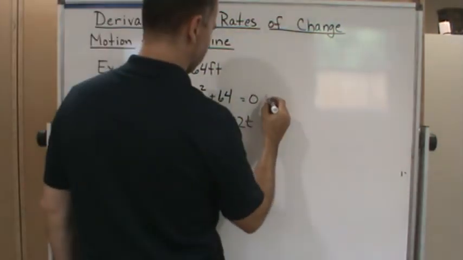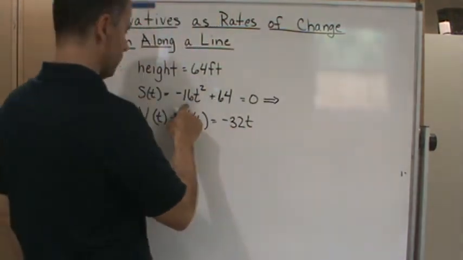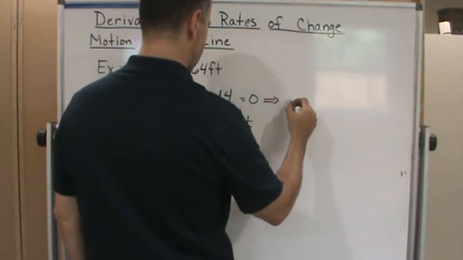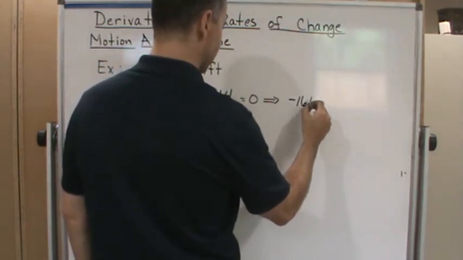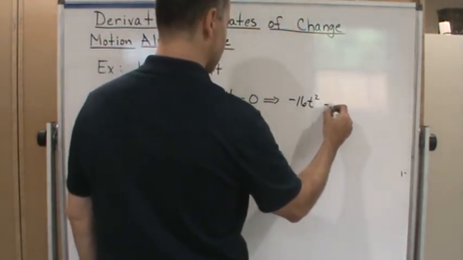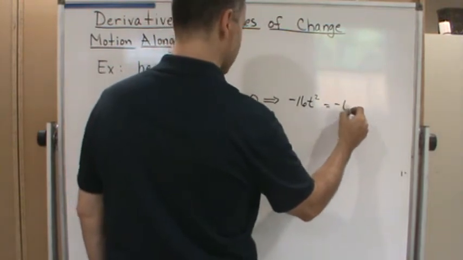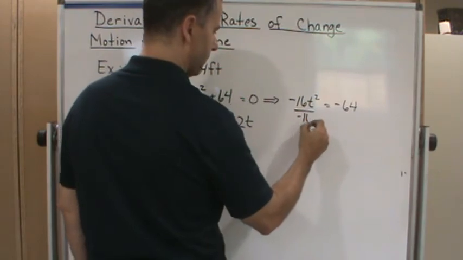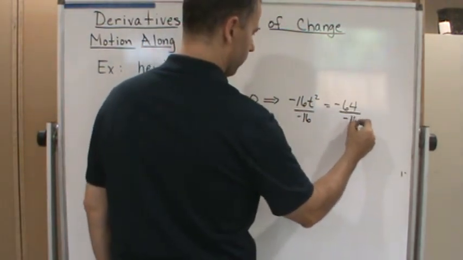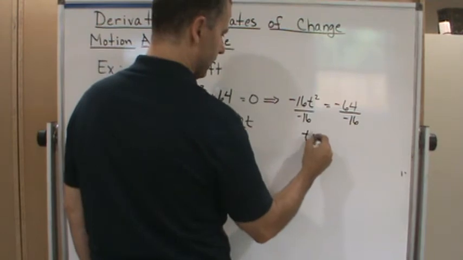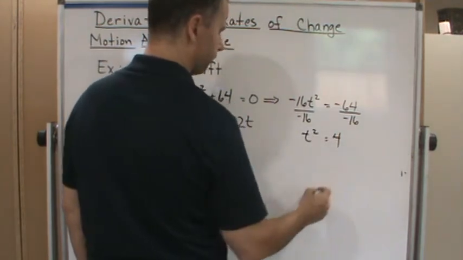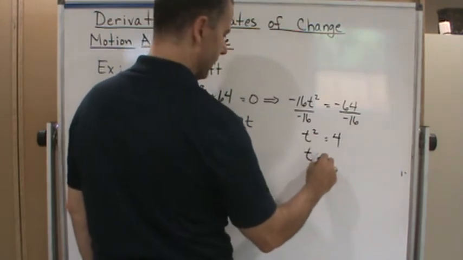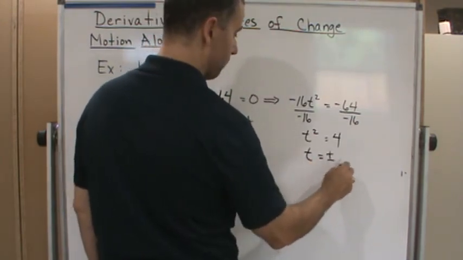So we solve for t here. That's going to give us negative 16t squared is equal to negative 64. Then we divide both sides by negative 16, which gives us t squared is equal to 4. If we take the square root of both sides, we get t is equal to plus or minus the square root of 4.